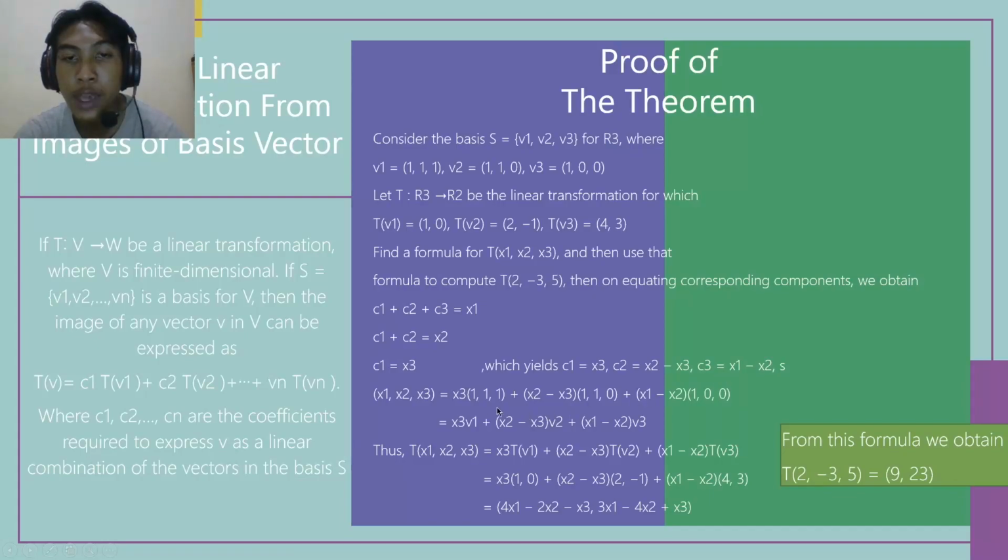And then we can get the evaluation. So we insert the transformation here, and this is what we get. Then we can obtain T(2, -3, 5) = (9, 23).